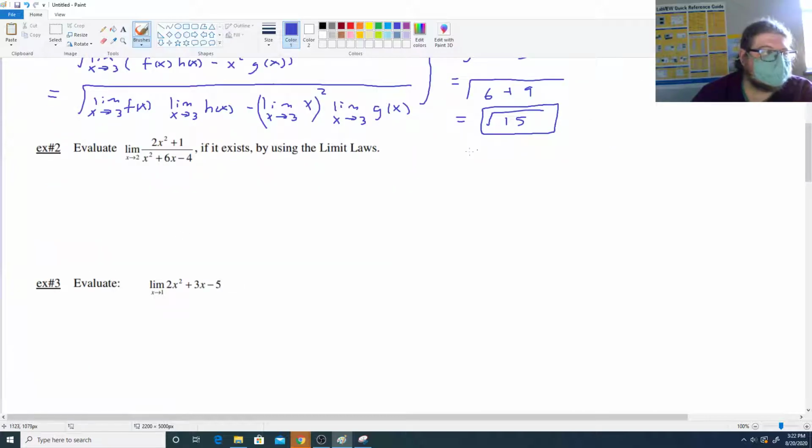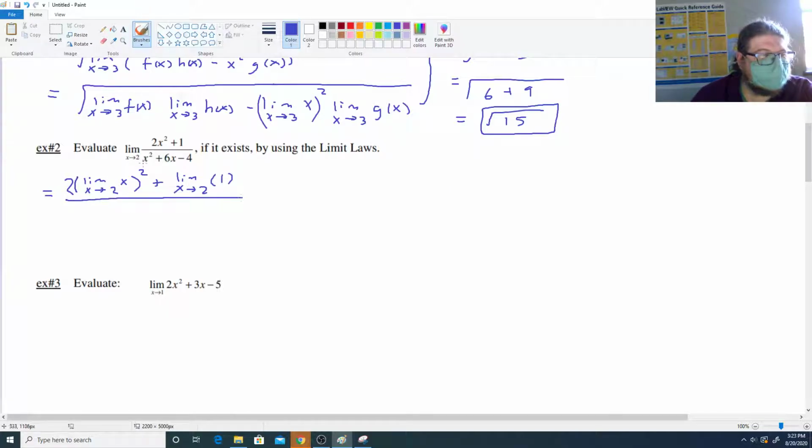All right, so next we want to evaluate this thing using the limit laws. So I'm going to do a lot of steps at once. I'm going to split this across the top and the bottom, break it across the additions, push the constant multiples out front, and pull it inside the powers. So we'll get the limit as x approaches 2 of x squared with the constant multiple 2 pushed out front, plus the limit x approaches 2 of 1.